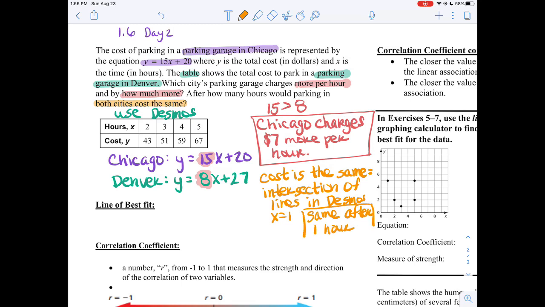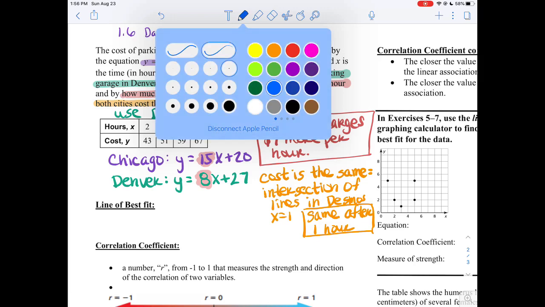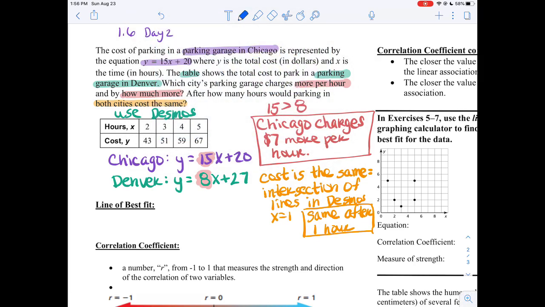So what we did with this data table is that we created what's called a line of best fit. That's a vocabulary term that you're going to want to be familiar with. So a line of best fit is just a line that lies as close as possible to all the data points.